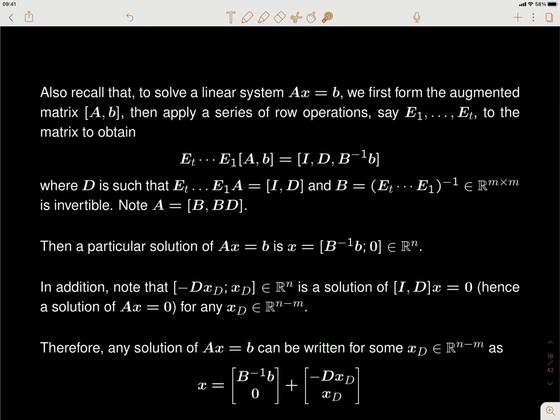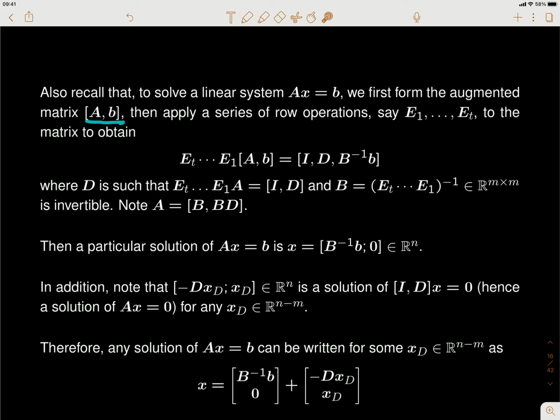Okay, so let's consider the original linear system AX equals B. Remember that to solve this system, we can use Gaussian elimination. To do that, we just combine the matrix A and the vector B into a matrix here. This has M rows and n plus 1 columns.